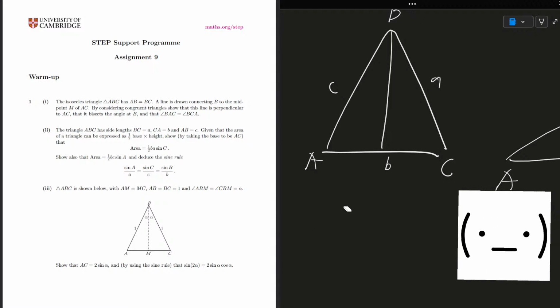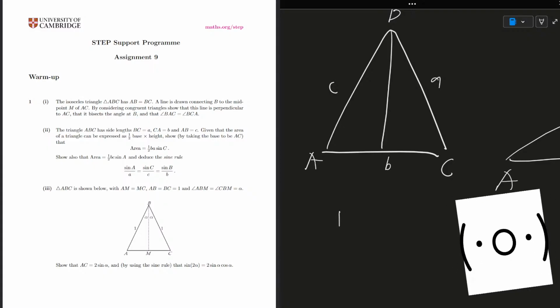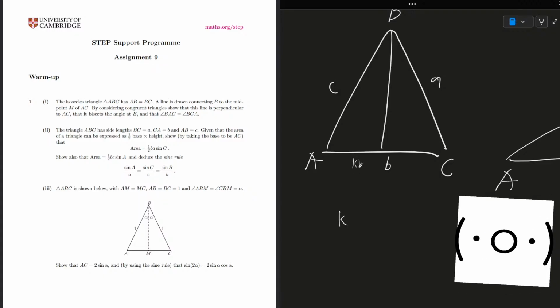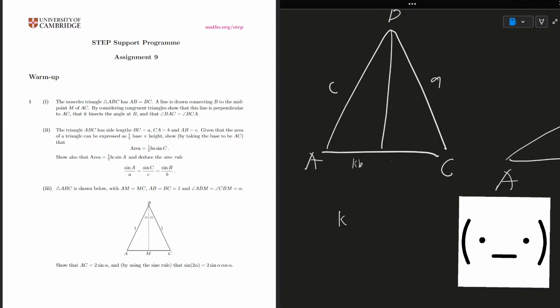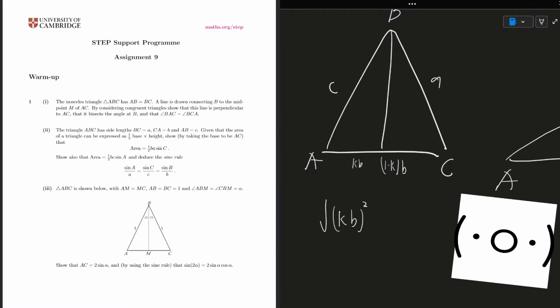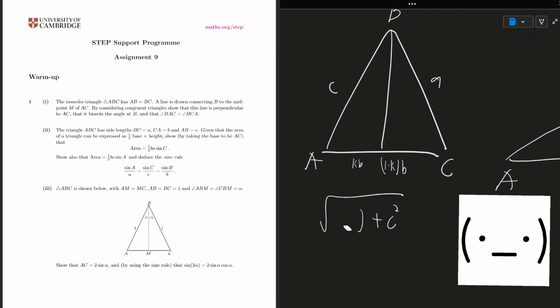Okay, wait. Let's start from the beginning. So we know that, let's assume this is some k. This is 1 minus kb, the square root of kb squared.